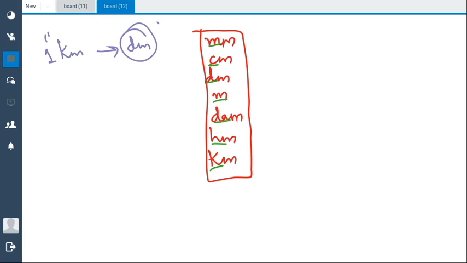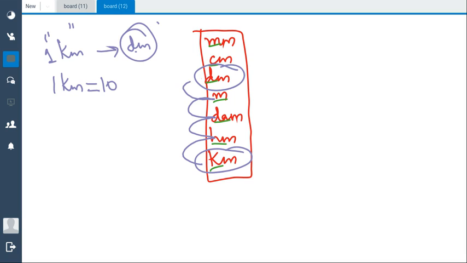Kilometer is the bigger unit, decimeter is the smaller unit. Now the answer is 10 raised to how many steps? 1, 2, 3, 4.